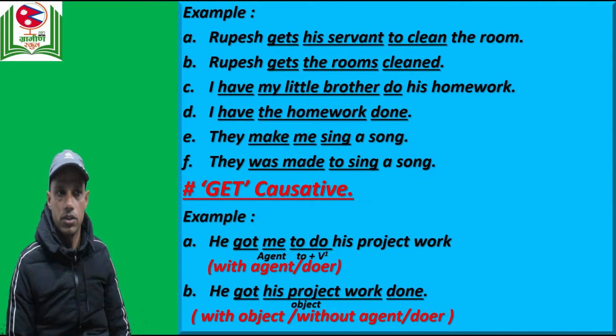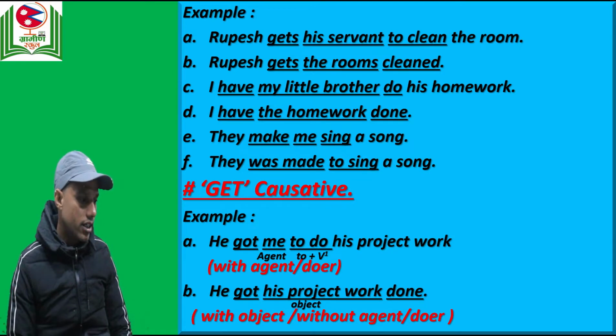So what do you learn from these two sentences? With causative verb have, if we have agent there, then we have to use only bare infinitive form of verb, that is verb 1. But if there is object after causative verb have, we need to use past participle form of verb, that is verb 3, right?